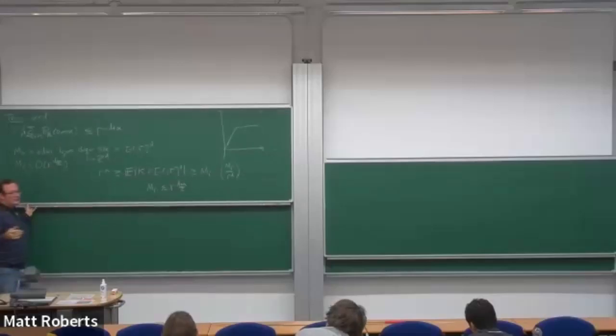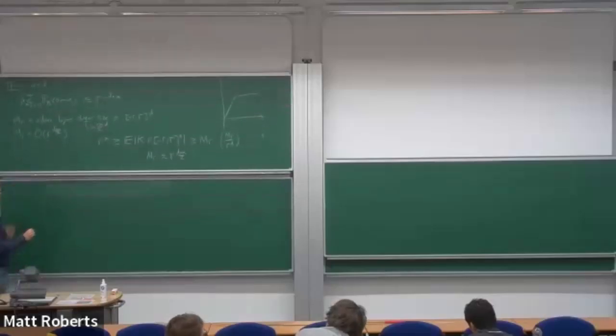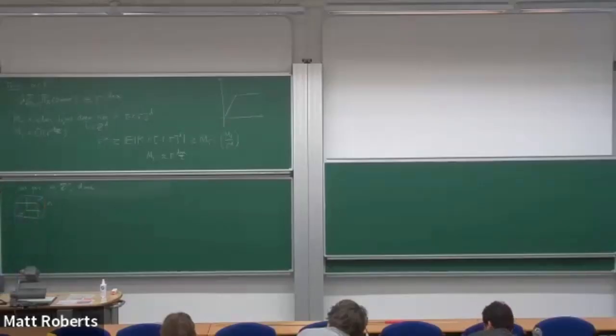So for example, let's say we're doing nearest neighbor percolation on Z^d, d large. I mentioned before that if you have a large box at criticality, say with side length n, you should imagine that there are a lot of large-ish clusters.